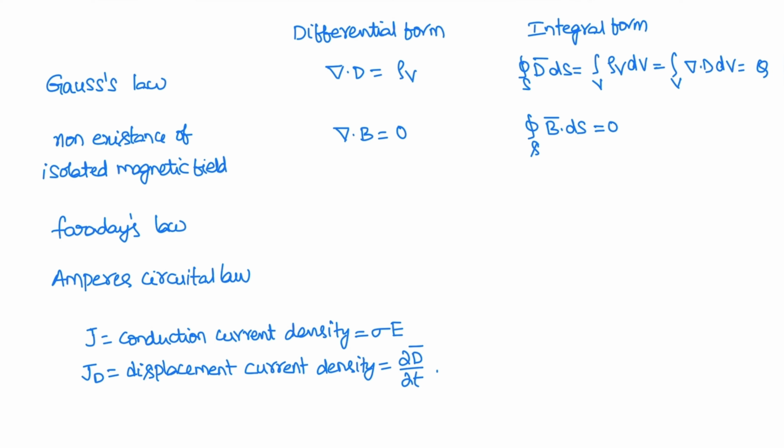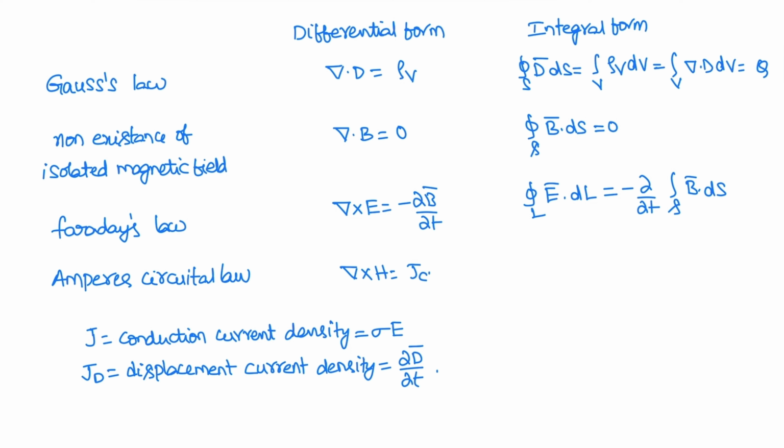Next is Faraday's law. Del cross E is equal to minus dou B bar by dou t in differential form, and in integral form the closed line integral of E bar dot dl bar is equal to minus dou by dou t of the open surface integral of B bar dot ds bar. Ampere circuit law: del cross H is equal to Jc plus dou D bar by dou t, where Jc is the conduction current density and Jd is the displacement current density.